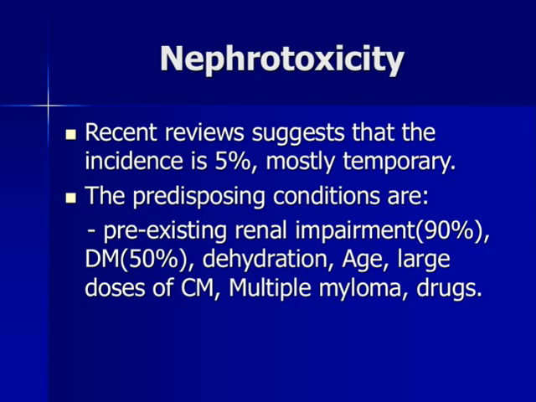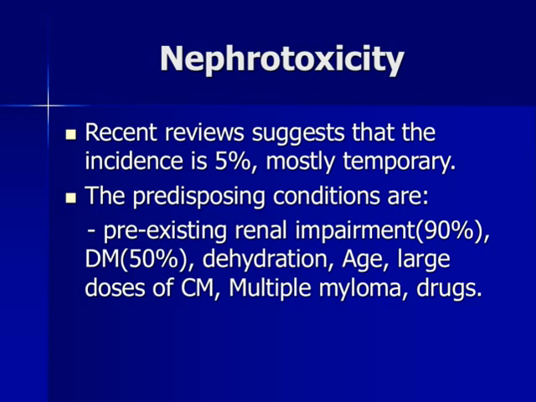Diabetes in 50%, of course, dehydration, age, and large doses of contrast media that we use, especially in angiography. We said we usually give a dose of 1 to 2 cc per kg, and the injection rate is about 1, maybe 2, maybe 3 cc per second.